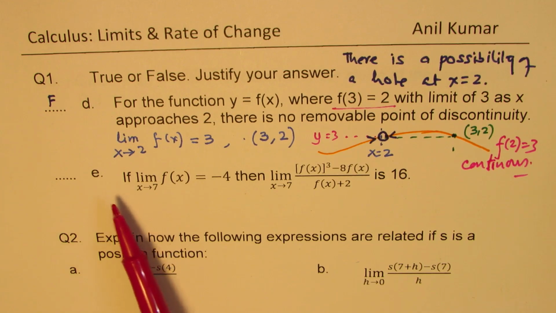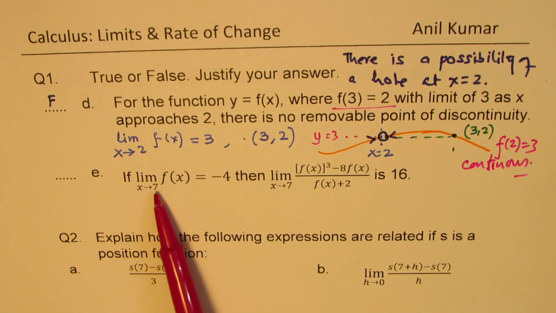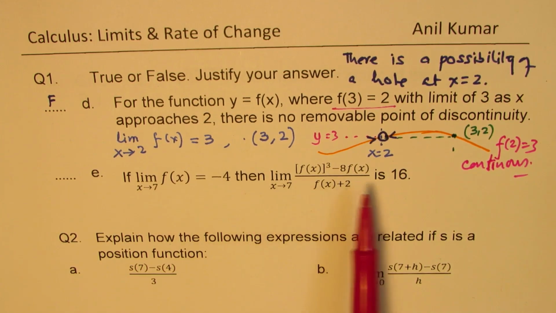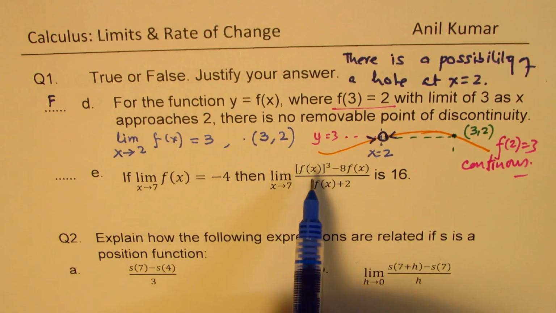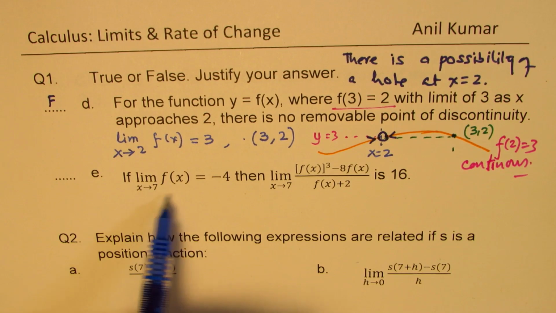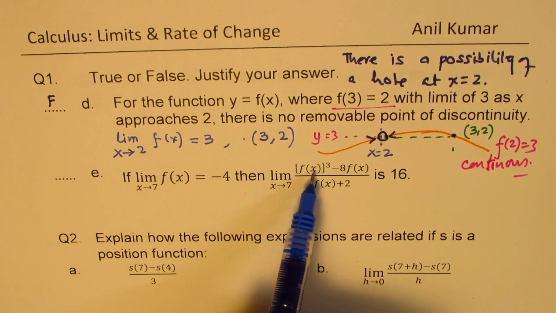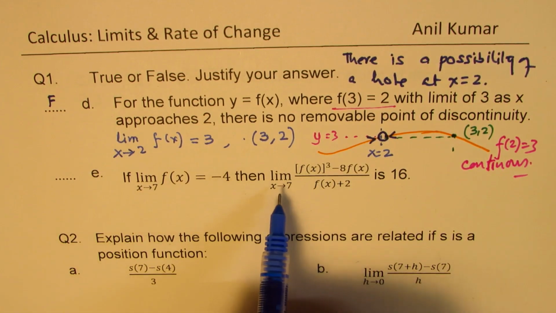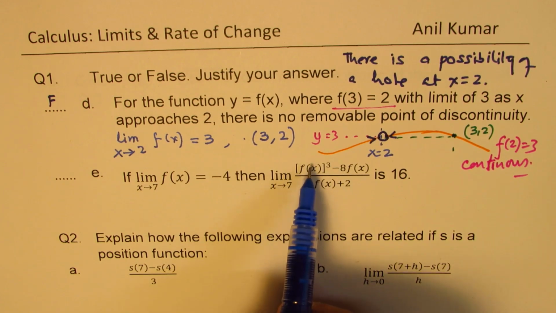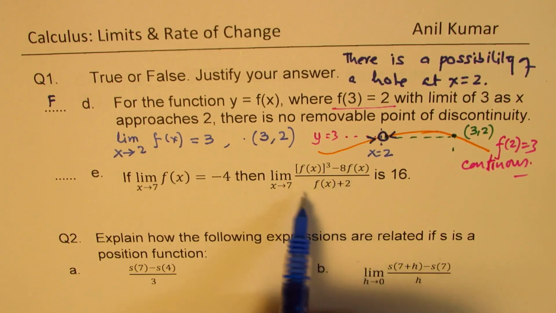E. If limit of f of x when x approaches 7 is minus 4, then the limit of this expression is 16. Let's figure this out. So basically, we are given that the limit is minus 4, so we can substitute minus 4 here, right? Applying the rules of limit, properties of limit. So limit of this minus limit of this, everywhere.